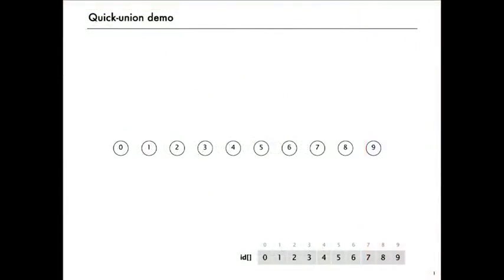Again, we start out the same way, but now the id array entry really means that every one of these things is a little tree with one node each, every one pointing to itself. It's the root of its own tree. So now if we have to put 4 and 3 in the same component, all we do is take the root of the component containing the first item and make that a child of the root of the component containing the second item.